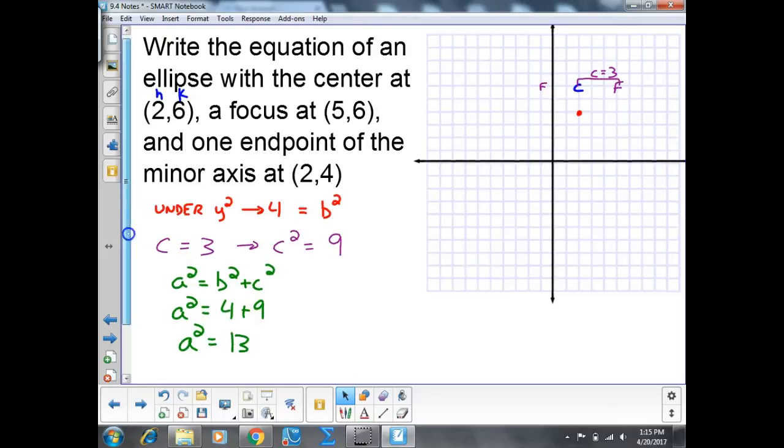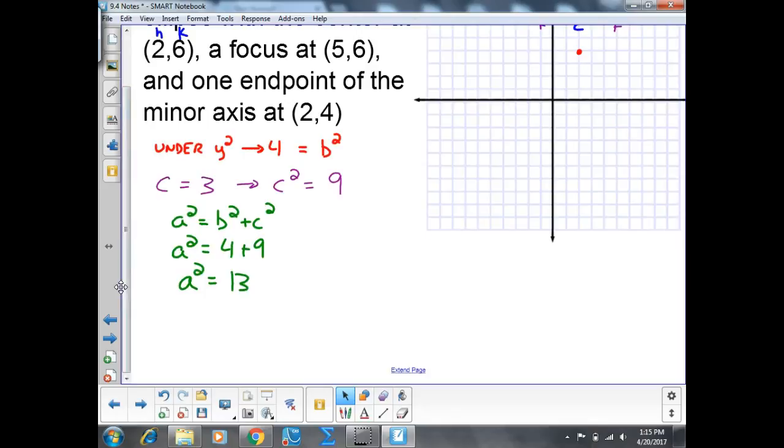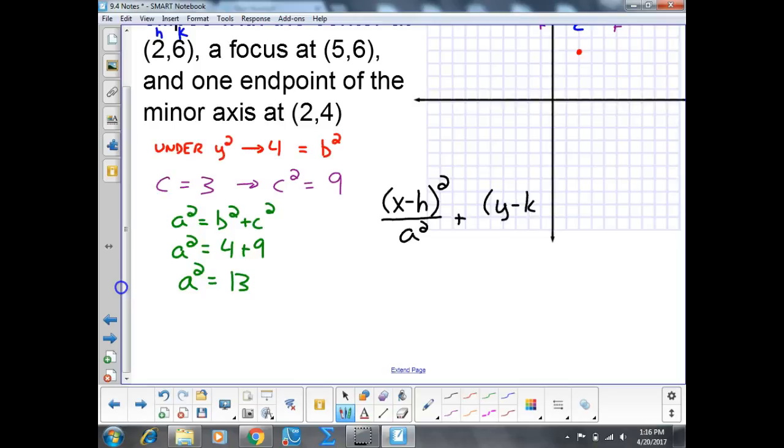Okay. So the general formula is what? (x minus h) quantity squared over a squared, plus (y minus k) quantity squared over b squared, equals 1.